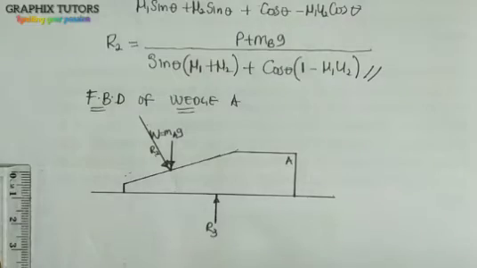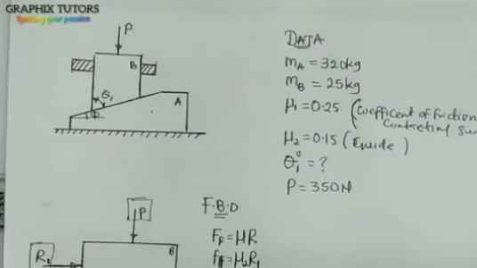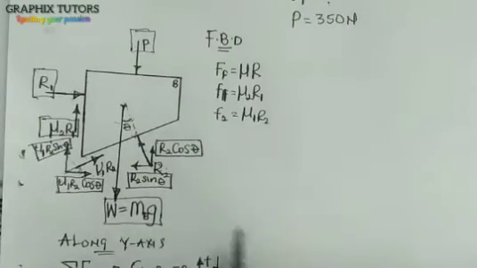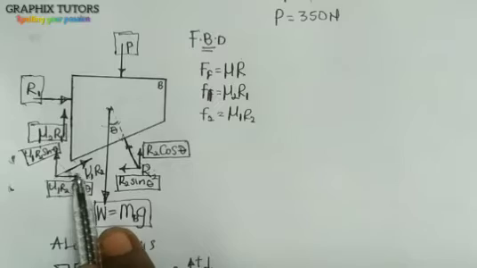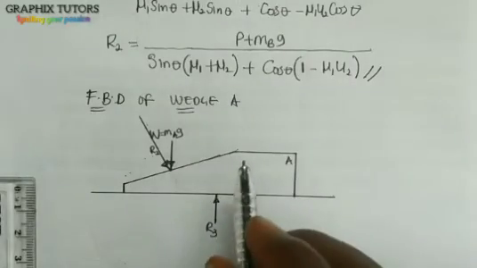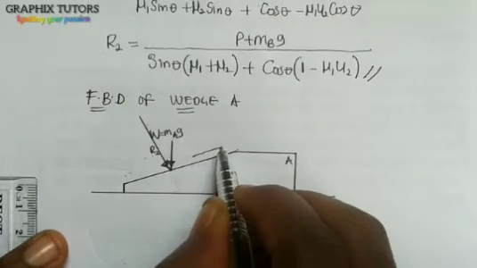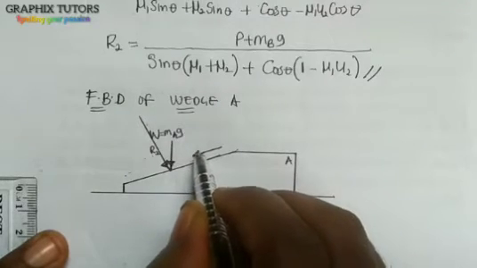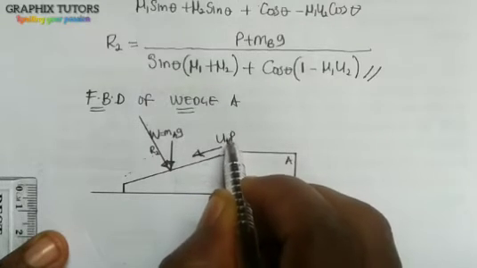Now the thing we need to understand from our diagram here is, since there's a reaction mu1 R2 going in this direction, the other one will be coming in the opposite direction. So let me put it here, coming in the opposite direction this way. So this will still be your mu1 R2.